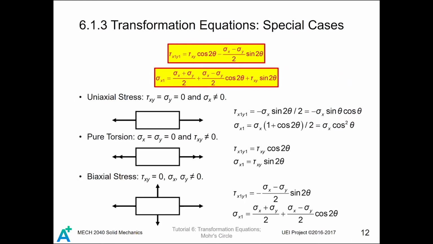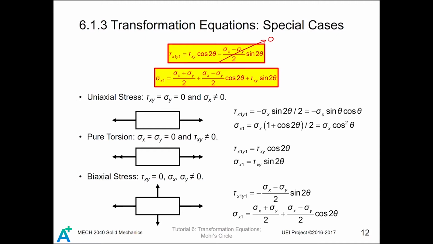Now let's talk about the case of pure torsion. For pure torsion, we know that there is no direct stress acting on the system. There is only shear stress. So we can eliminate a lot of terms in those formulas. Sigma x and sigma y are both 0, so this term is completely 0. So the shear stress on the inclined plane is given by tau x1y1 equals tau xy cosine 2 theta.